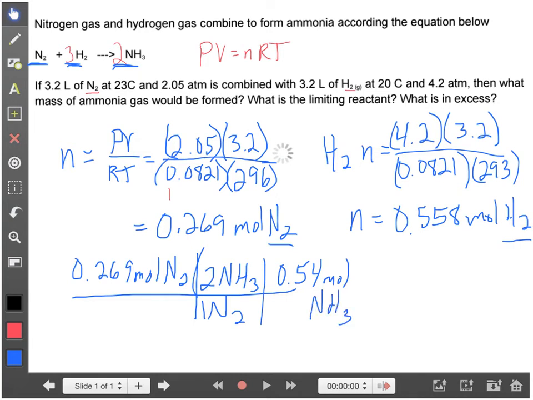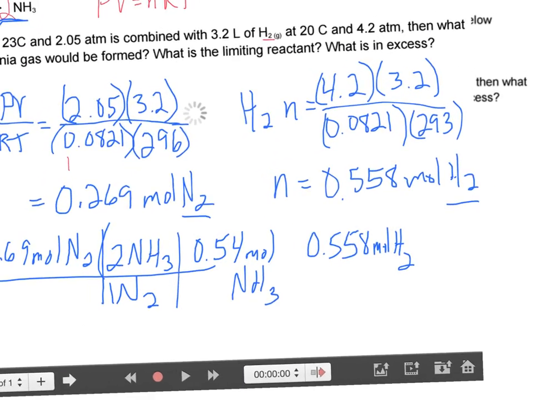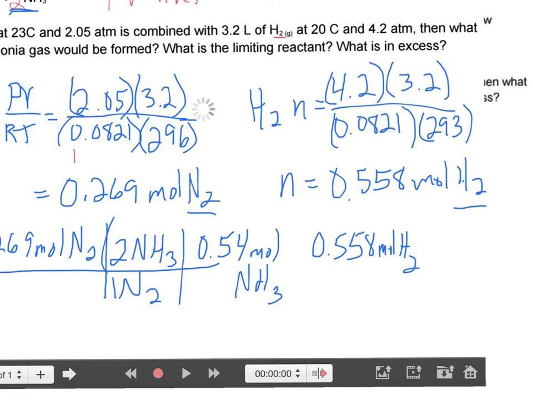Now I'm going to do the same thing over here with my H2. So I'm going to say 0.558 moles of H2. I'm going to run out of room, but I'll make this a little bit smaller. Move that over slightly. All right, and again, my ratio here is there are 3 H2s for every 2 NH3s. So I'm going to multiply this by 2/3.